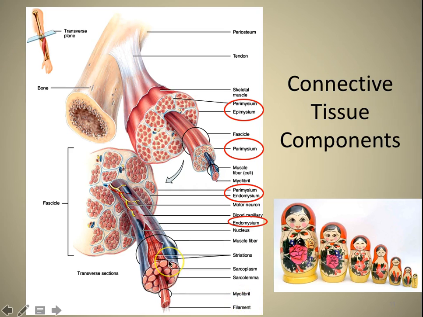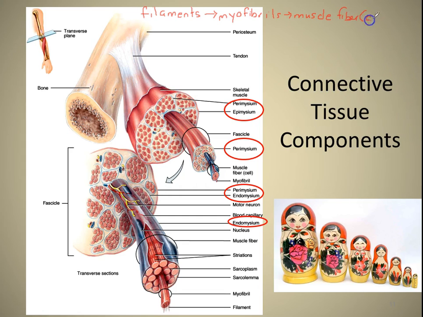Okay. So let me see. Maybe I'll start writing this on this slide. Maybe this might be an easier way for you guys to think of it. So filaments make up myofibrils, which then make up muscle fibers.